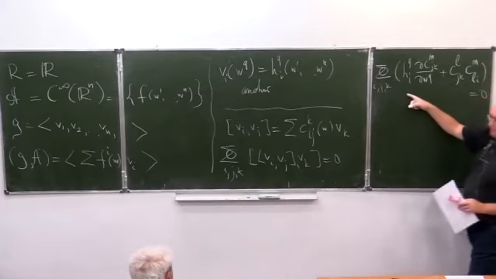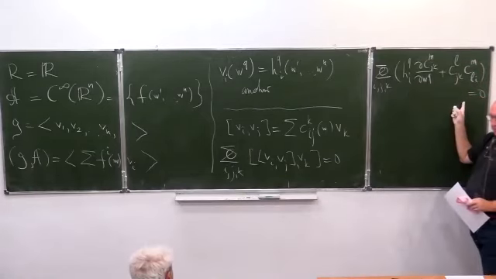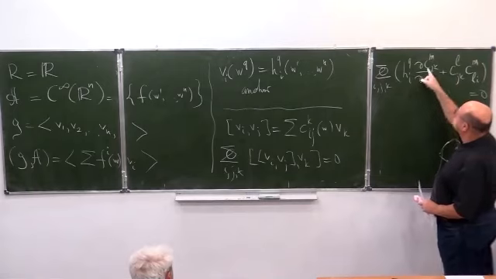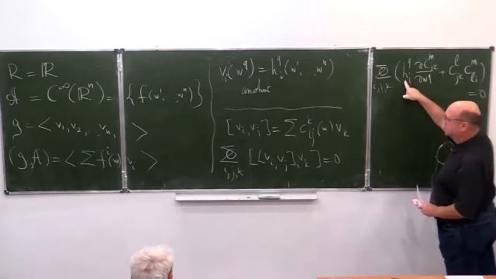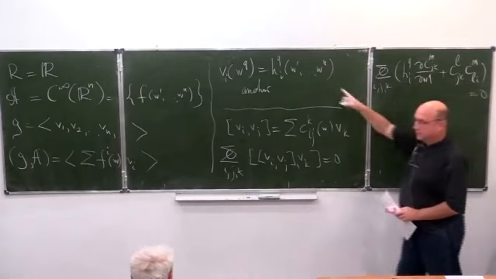This cyclic sum should be equal to 0. And these are functions of the W.